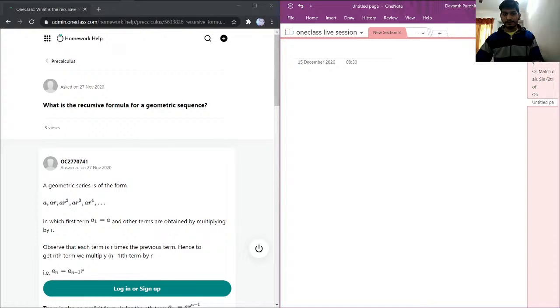We'll move to question number 7. In question number 7, it is asking what is the recursive formula of a geometric series, geometric sequence.